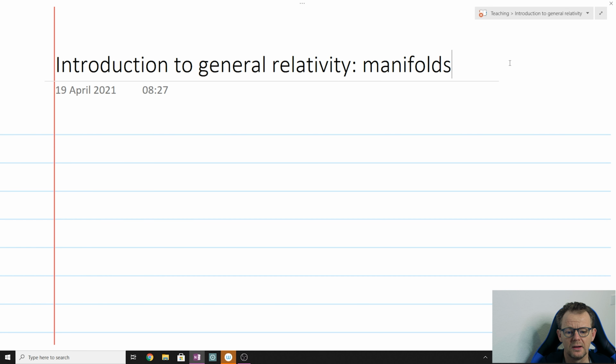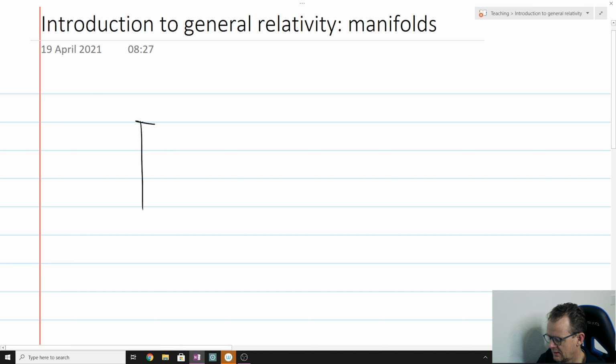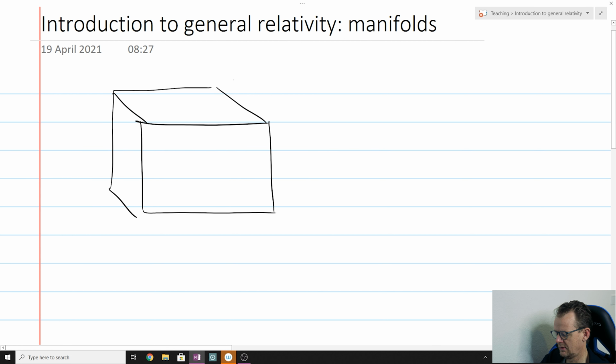Now, there are many ways you might think of building up a mathematical theory of curved continua. One of them, and probably the simplest, is to think of curved continua as living inside a higher dimensional space as a kind of embedded surface. Imagine we have some higher dimensional space-time, which we'll call R^m, some ambient Euclidean space-time structure.